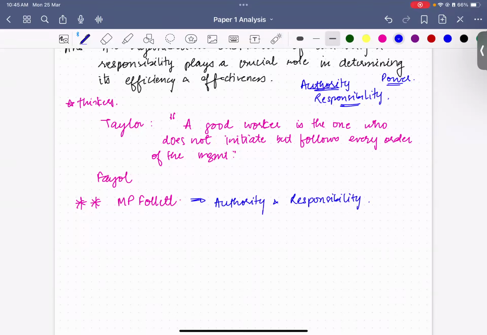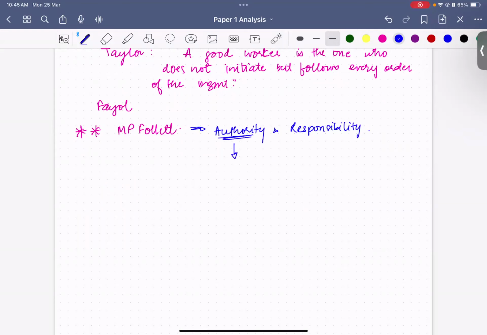What does she say? She says that authority belongs to the job and stays with the job. What does that mean?